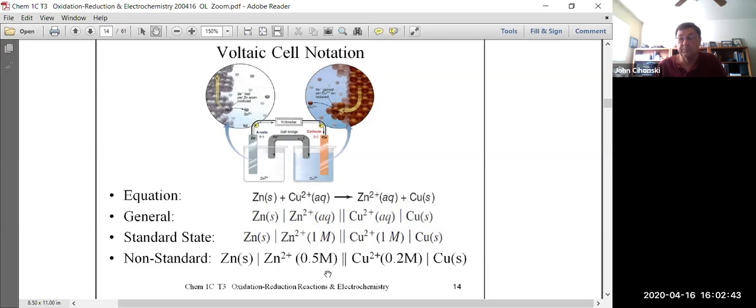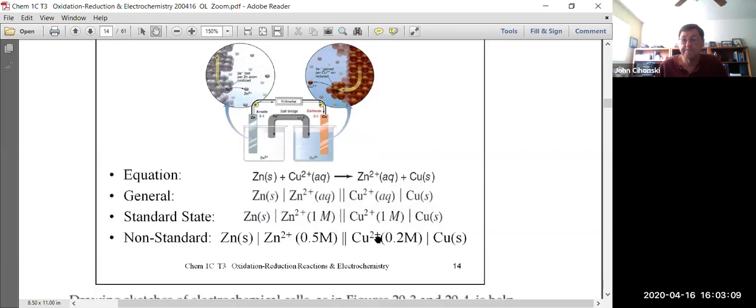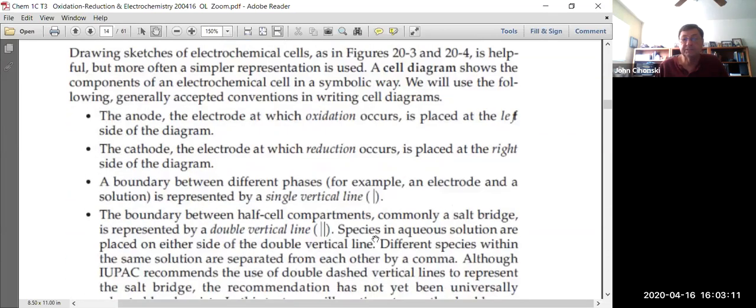One example might be, for a non-standard battery, we say we have a zinc solution that's 0.5 molar and a copper solution that's 0.2 molar, okay? Non-standard is anything here that is not 1 molar, 1 atmosphere, okay?